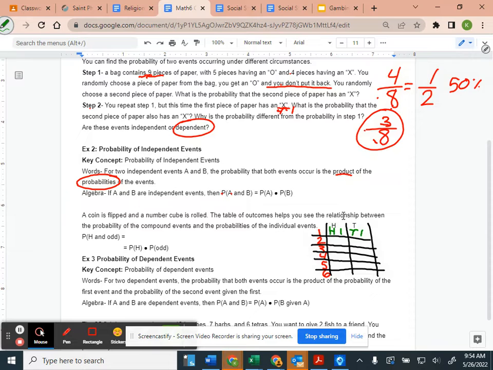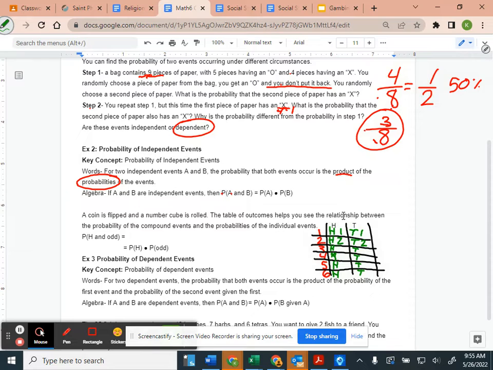So on this column, we're going to have all flipping heads. And on this column, we flip the tails each time. So then what if we rolled a 2? Well, we could have a heads with the 2 or a tails with the 2.